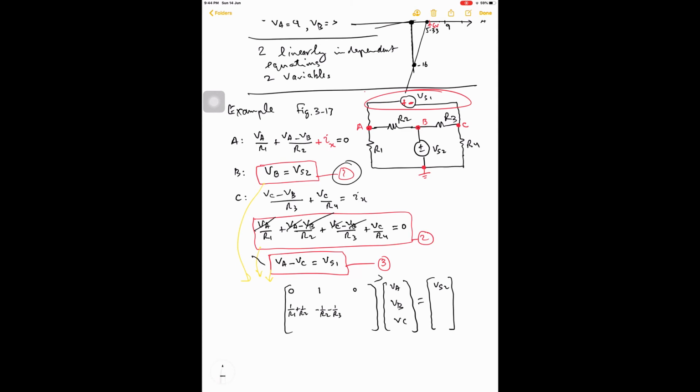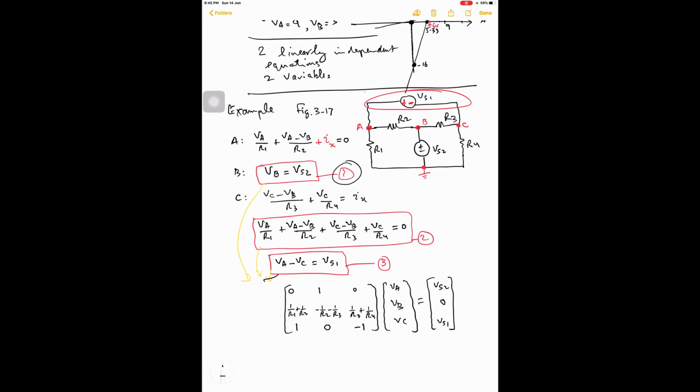Coefficients of Vc: this is 1 over R3, and plus 1 over R4, and the right hand side is equal to 0 over here. Now the third equation, this one: the coefficient of Va is 1, no Vb term, and this is the coefficient of Vc, and the right hand side is equal to Vs1.